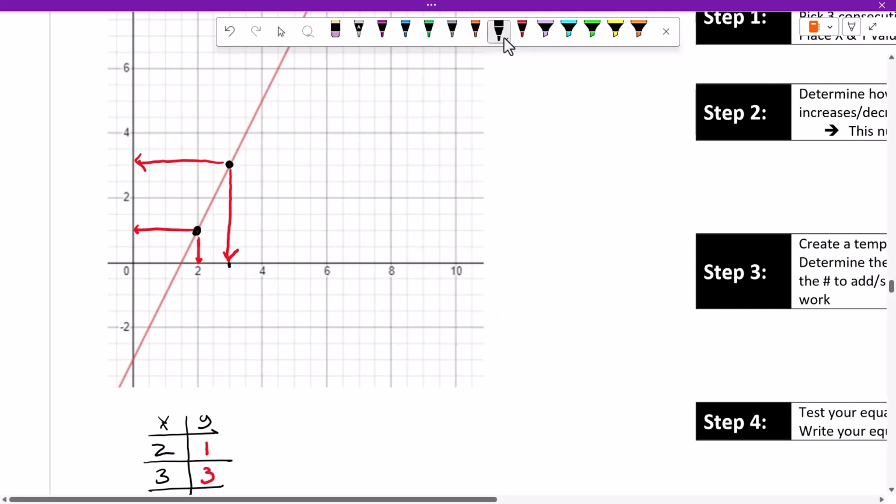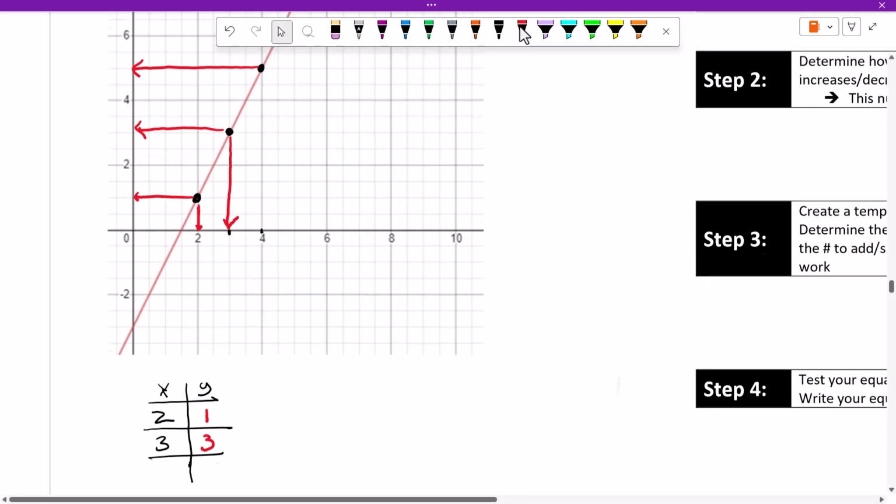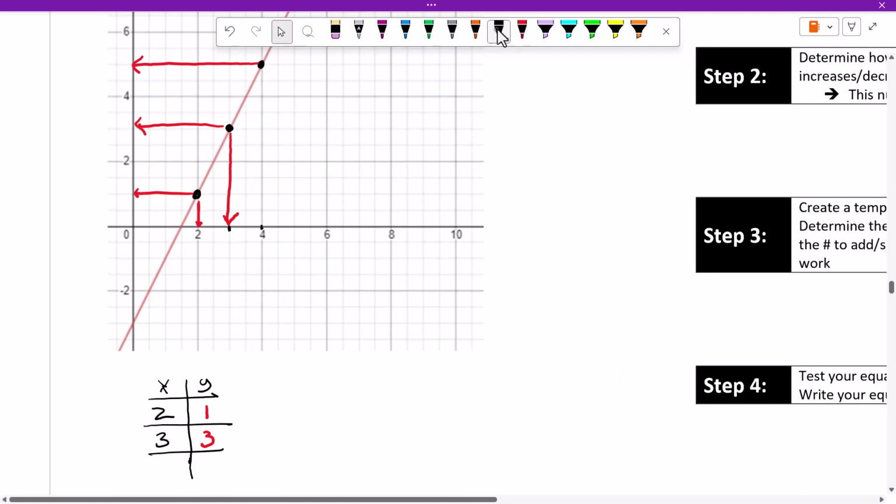This time, I'm going to go 1 higher. So I'm going to go up to 4 this time. So I have my 4 here. I go up to the line, draw my dot, and I read over and grab my y value here. What do we have? So if x is 4, y is 5. Okay. So now we have a table.